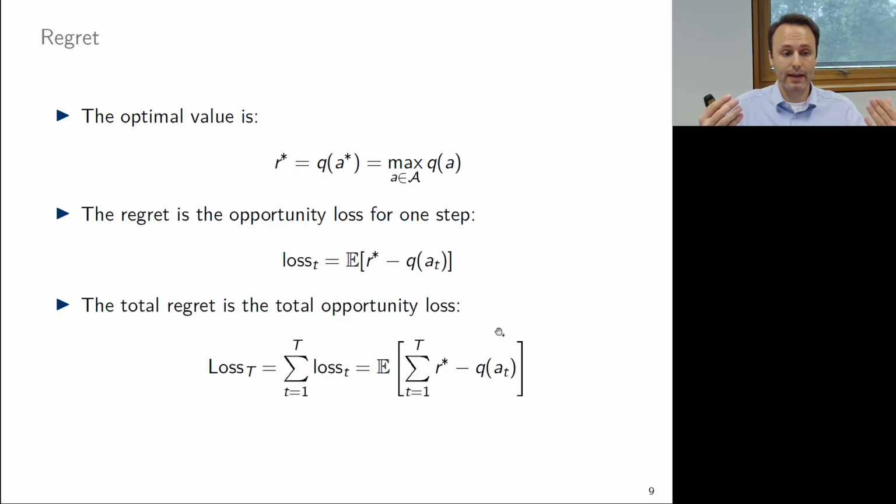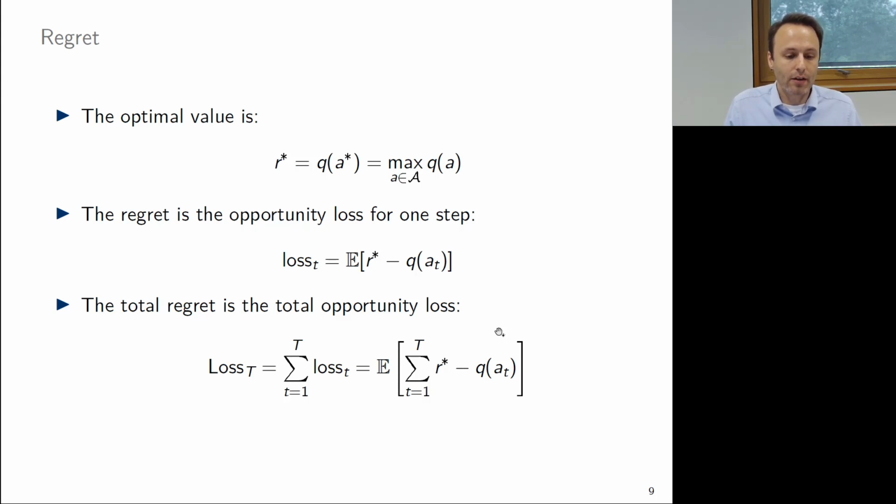Think of the cancer patients. If they die, then that's a regret. So we calculate the optimal value of having chosen always the best arm and denote that by R star. So that's the action value of the best arm. Basically, that's the maximum over all the arms that we take.